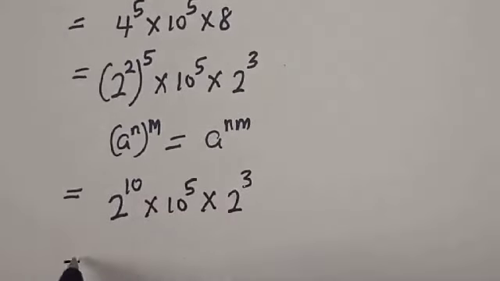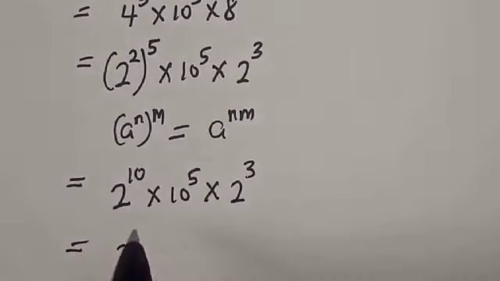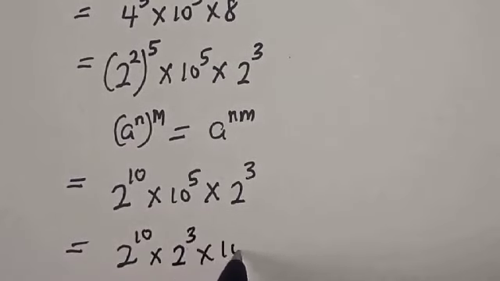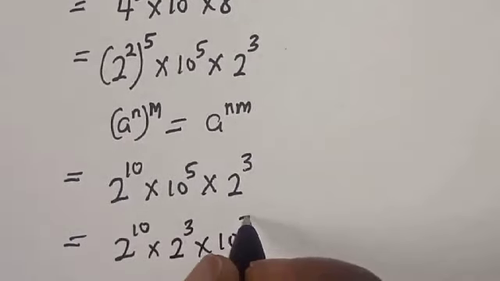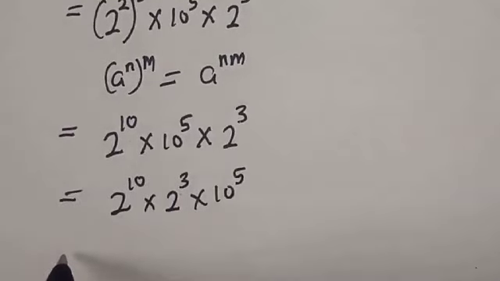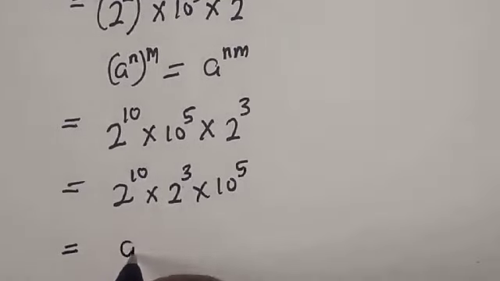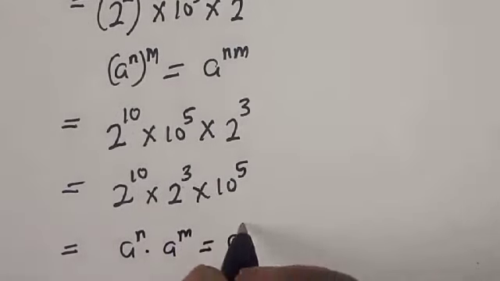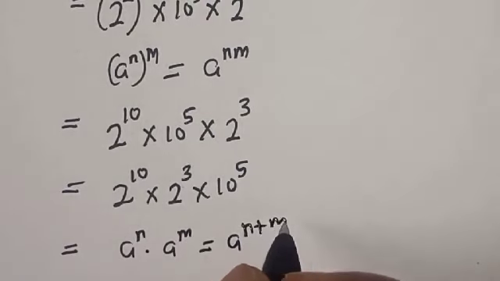Now if you rearrange, we have 2 to the power of 10 multiplied by 2 to the power of 3 multiplied by 10 raised to power 5. Also take note of this rule that a raised to power n multiplied by a raised to power m is equal to a raised to power n plus m.